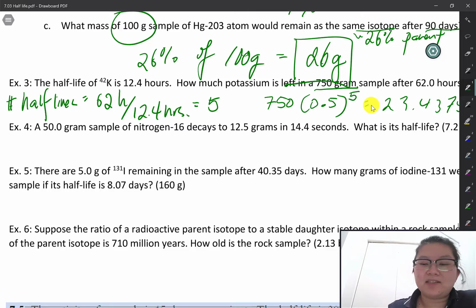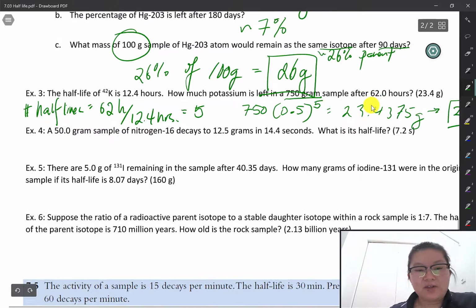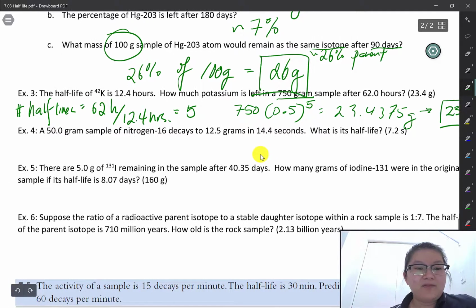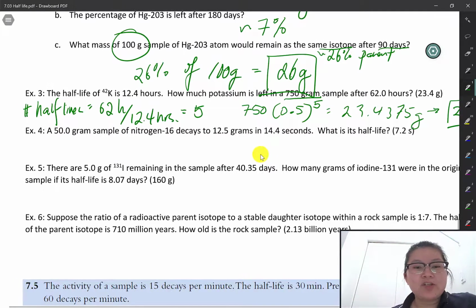That's essentially that. I'm going to do one more example, and then save the rest of these examples for the next video. A 50-gram sample of nitrogen-16 decays to 12.5 grams in 14.4 seconds. What is the half-life?